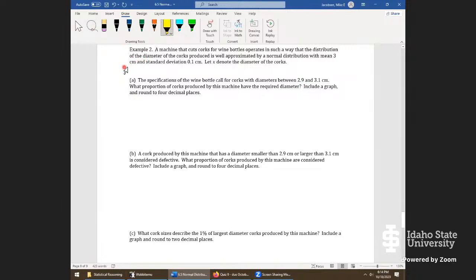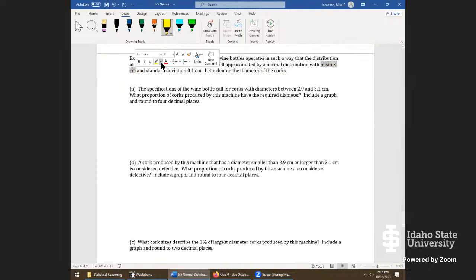It's quite a lot of information, even in this one sentence. And the first thing I would do is read it once and then read it twice. On the second reading, have an eye for what are the statistics or what are the population characteristics in the problem. They tell us here, there's going to be a mean of 3 centimeters and a standard deviation of 0.1 centimeters.